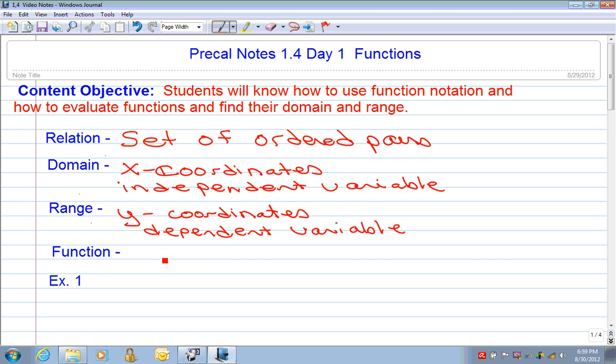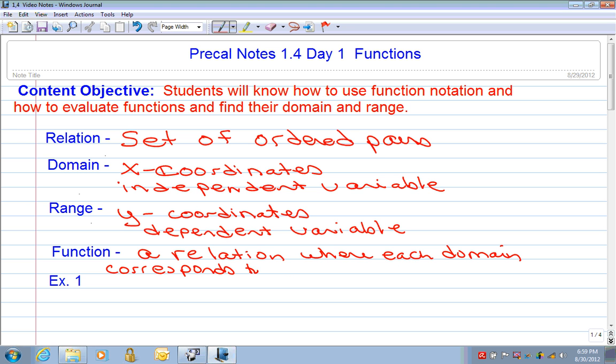A function is a relation where each domain corresponds to one and only one range.